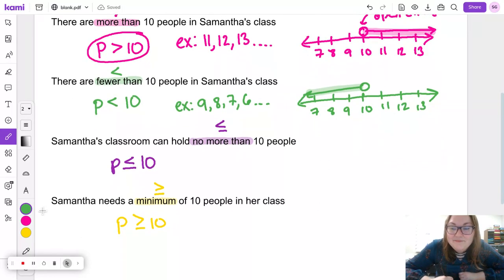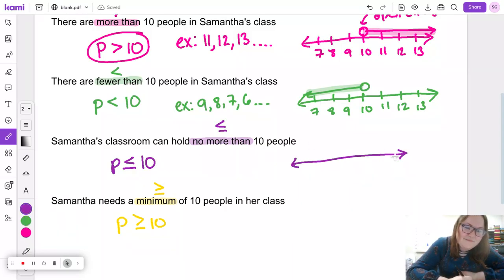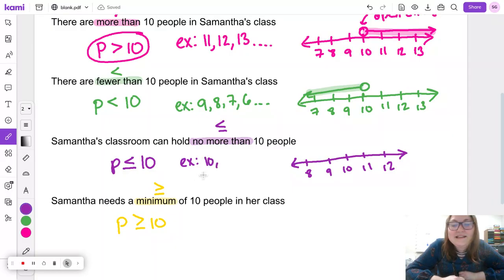These last two here, our number lines are going to look really similar. If we draw our number line for p is less than or equal to 10, I'm going to do the same thing. I'll put 10 in the middle here. This time, if we say the room can hold no more than 10 people, we had mentioned this earlier. If it can hold no more than 10 people, it could hold 10 people, just not anything more.